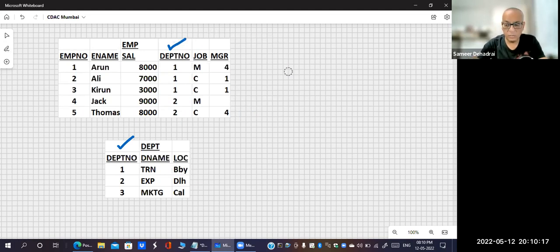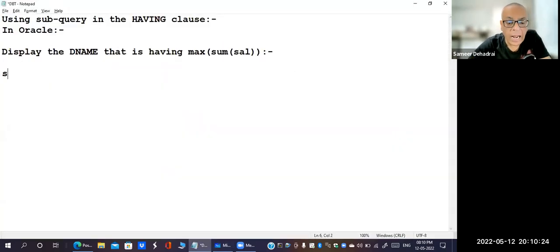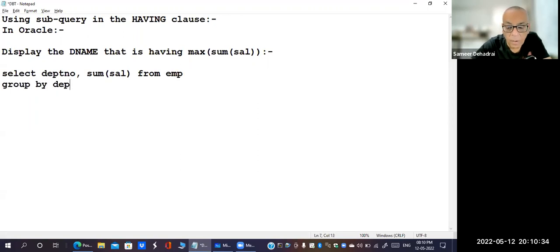Starting from scratch, I can select department number, comma, sum of sal from EMP, and I can say group by department number. This everyone is familiar with. I'm selecting department number and sum sal. So output is department number and sum of sal.